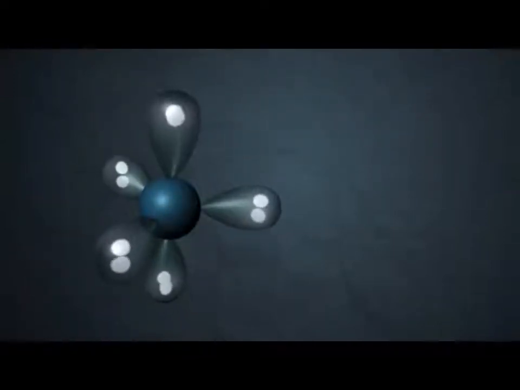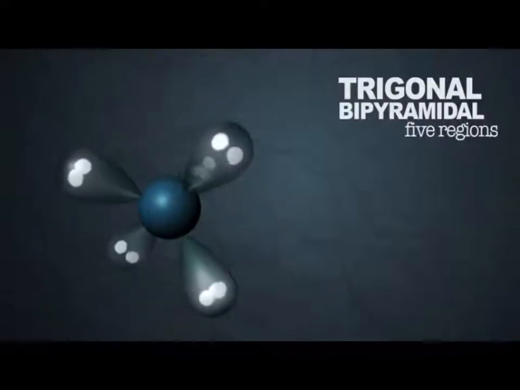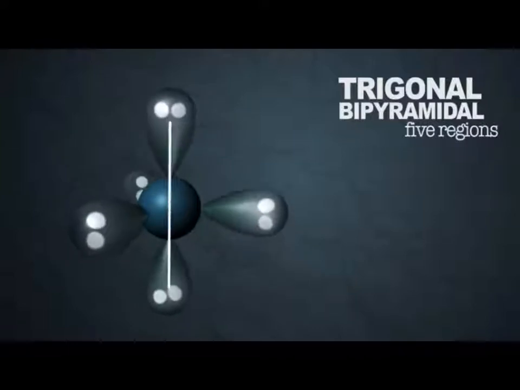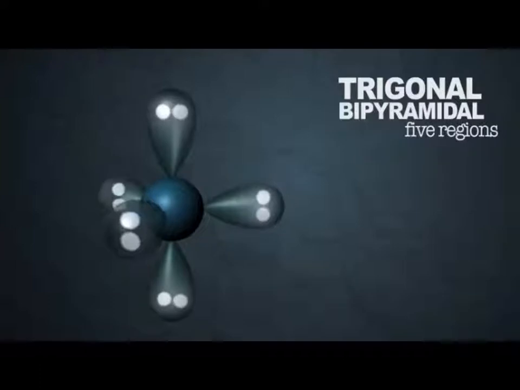The 5 regions is a little bit complicated, but it's really just a combination of 2 and 3. You're going to have 2 atoms linear, and then the other 3 are going to be trigonal planar perpendicular to that. When you look at the shape, you see what we call a trigonal bipyramid.